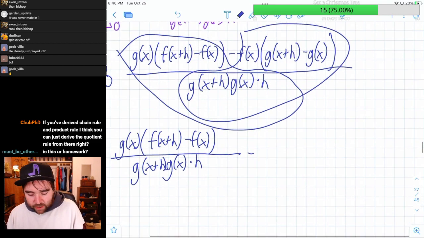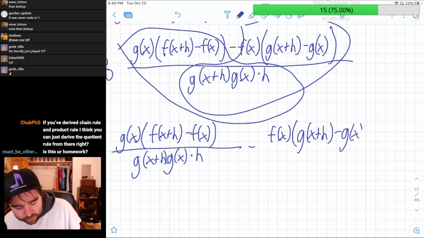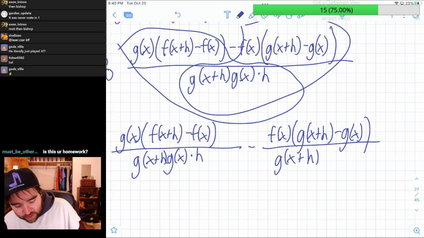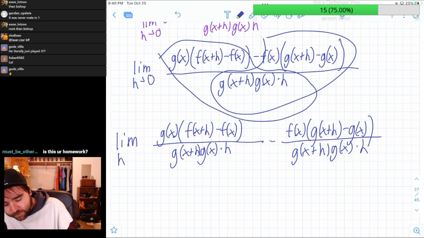So we have that fraction minus this fraction over here, f of x times g of x plus h minus g of x, all over this g of x plus h times g of x times h. And it's the limit as h approaches 0.